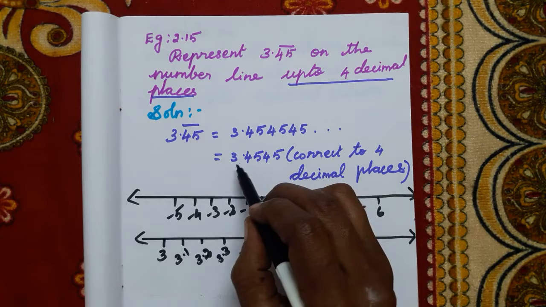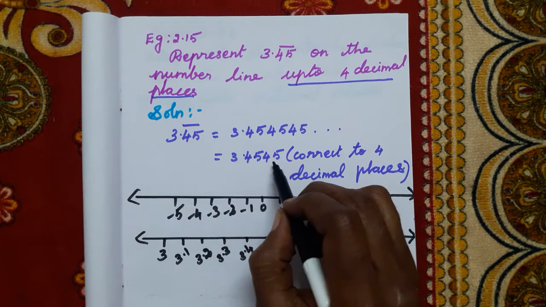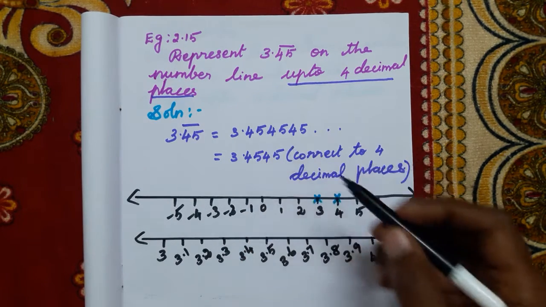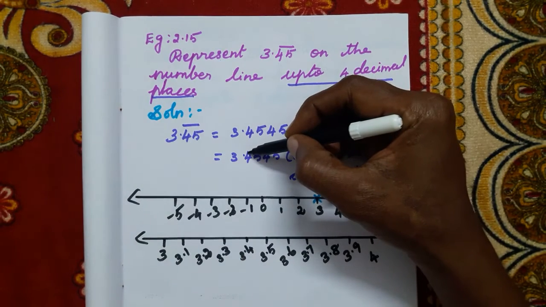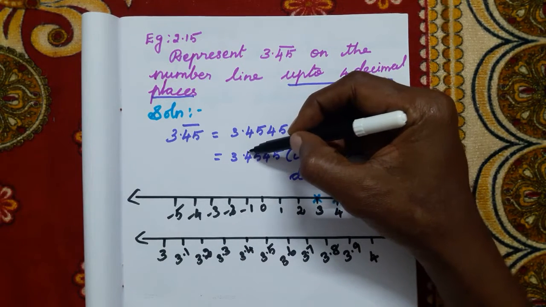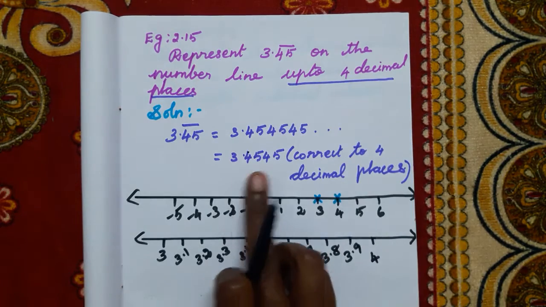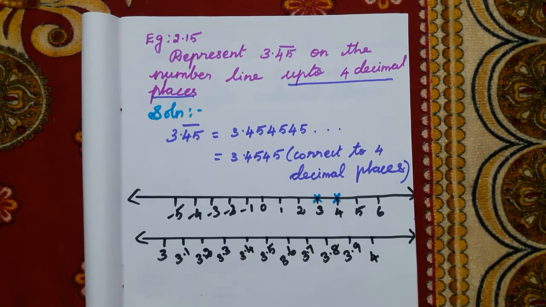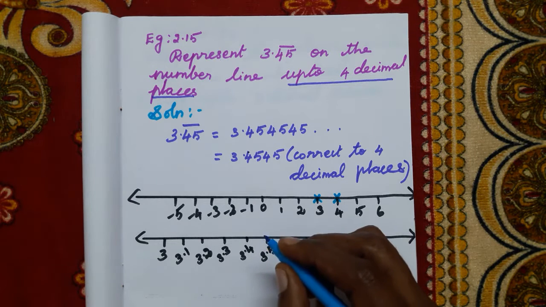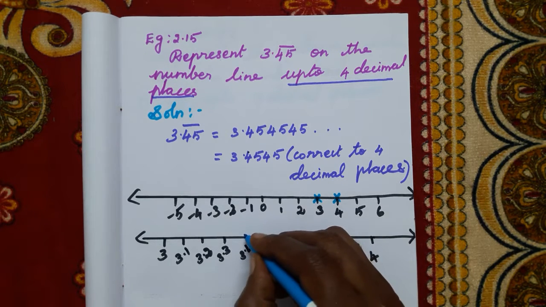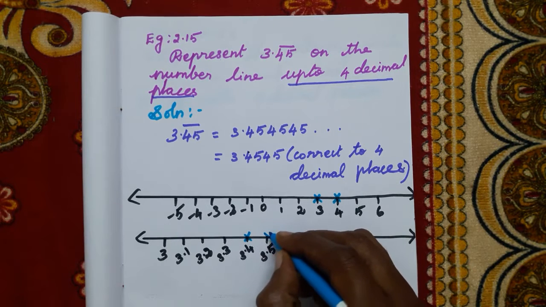Now check this number, 3.4545. It is between 3.4 and 3.5. So we have to mark 3.4 and 3.5.